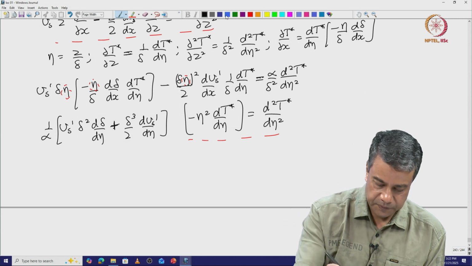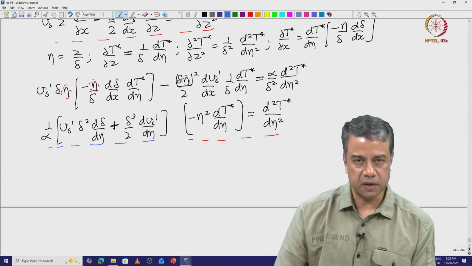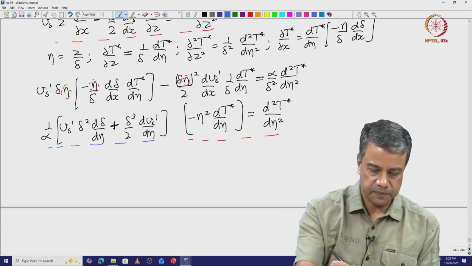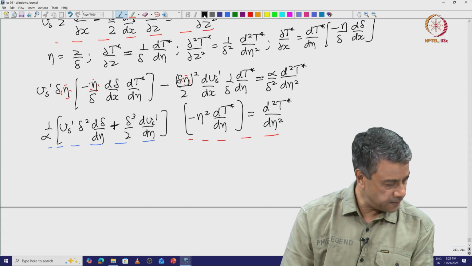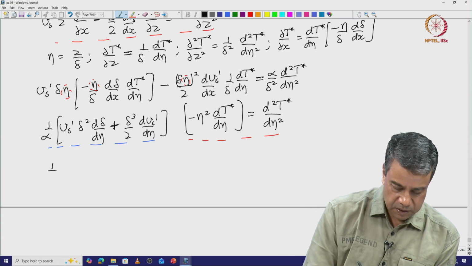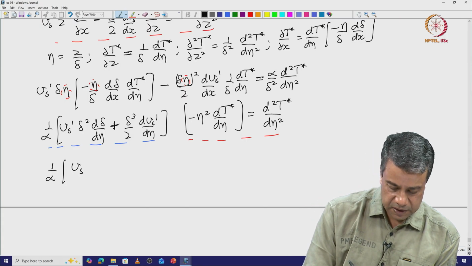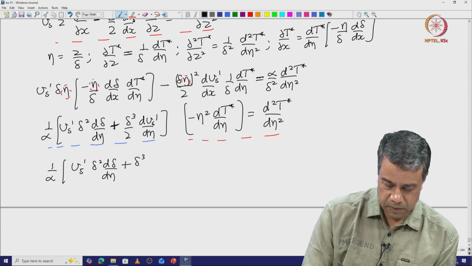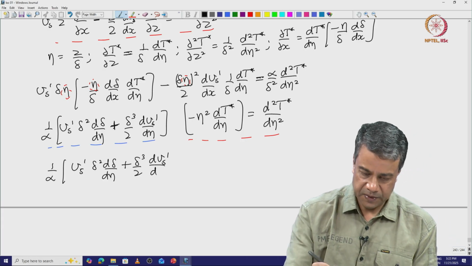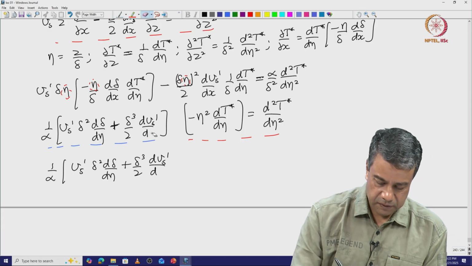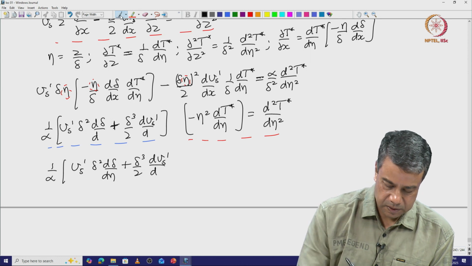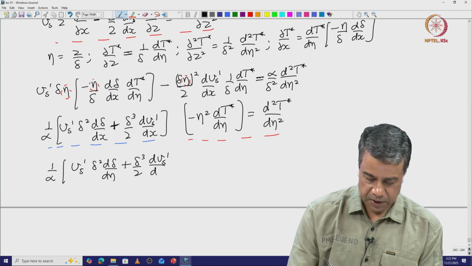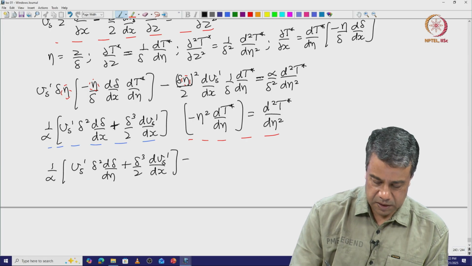This term depends upon the functional form for Vs prime as a function of x, and you require that 1 by alpha into Vs prime delta square d delta by dx plus delta cubed by 2 dVs prime by dx, sorry, these are derivatives with respect to x, not with eta, is equal to 1.